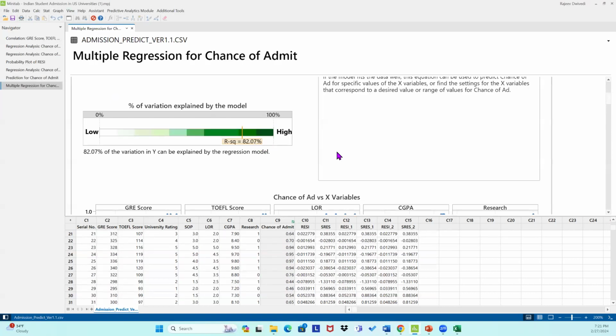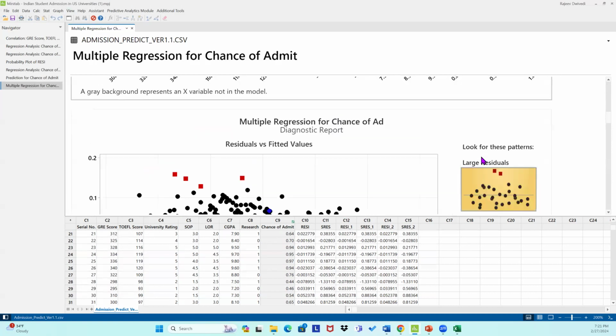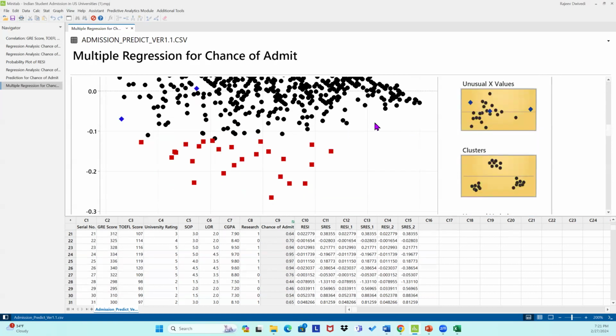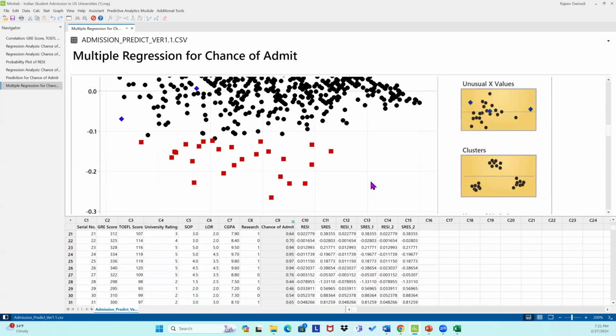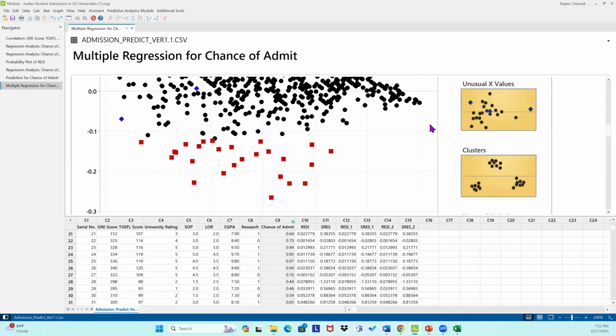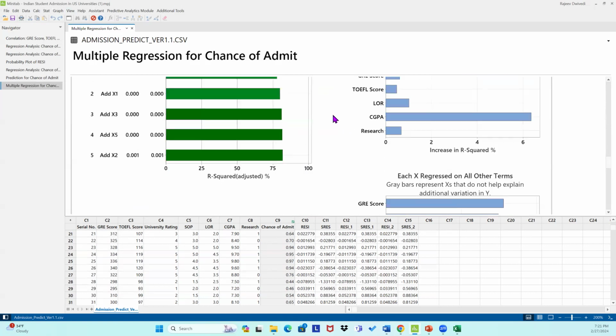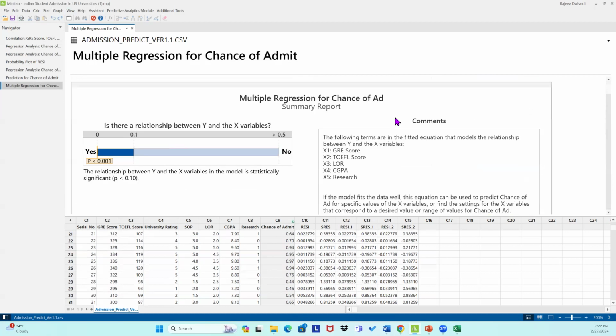Even if you remove those useless things, R square is still this. And you can read whether it is heteroscedastic or homoscedastic; this is looking like a funnel. So here you can see equal variance, unequal variance, and it can give you a lot of insight. So this is another way of looking into regression.